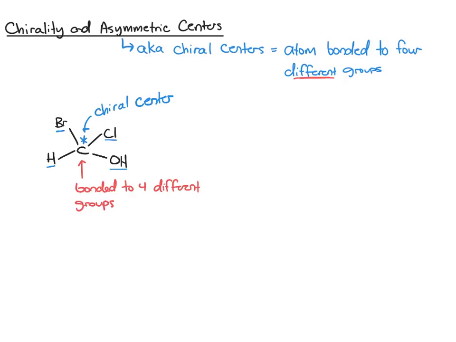Okay, how about this one? Specifically, I'm interested in this carbon. When thinking about this, my first recommendation is that you draw in any implied hydrogen on the carbon you're examining.